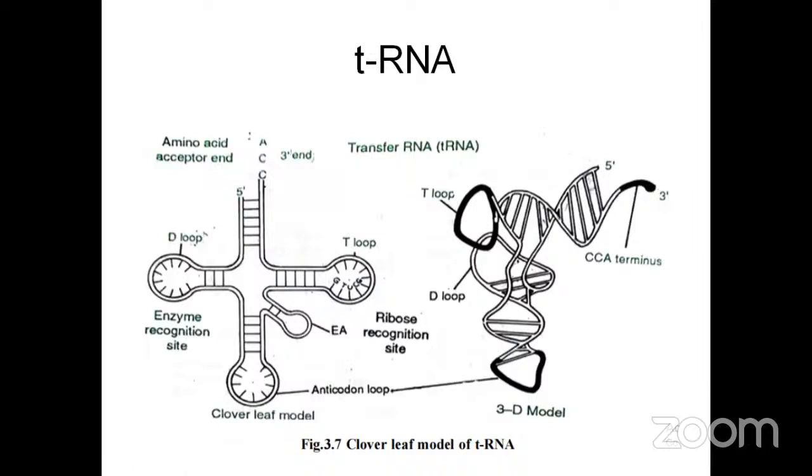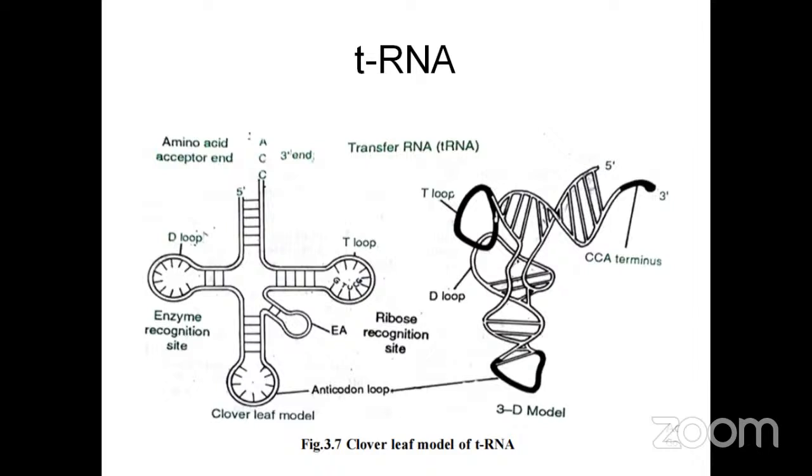There are two lateral loops, at right angles to the tail part: the enzyme recognition loop, already told you, and on the left side the ribosome recognition loop. The enzyme recognition loop is the specific site to recognize the aminoacyl synthetase enzyme. Actually, these are all repeated again in protein synthesis. You don't worry here. Here you just remember the tRNA structure.